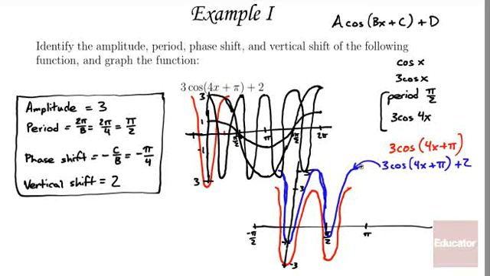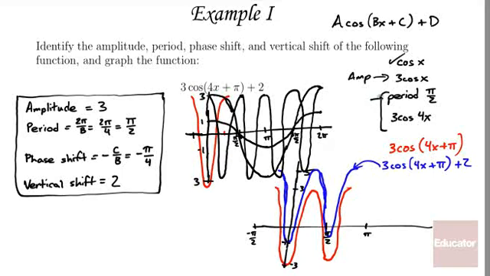So let me just recap there. We started with the original graph of cosine x. So that's the starting point. Then you introduce the amplitude, and that stretches it vertically by a factor of 3. It stretches it up and down.